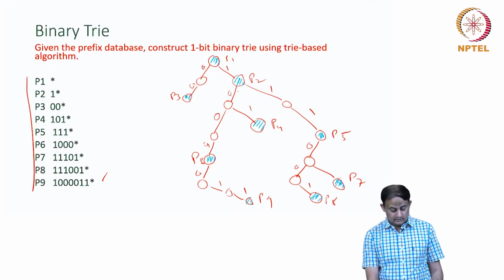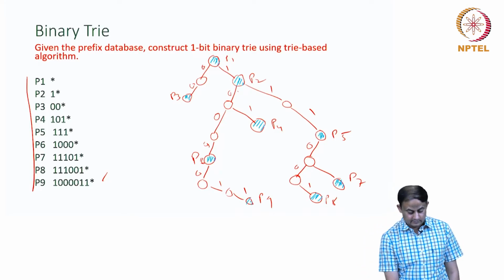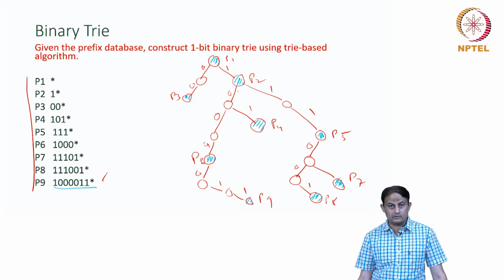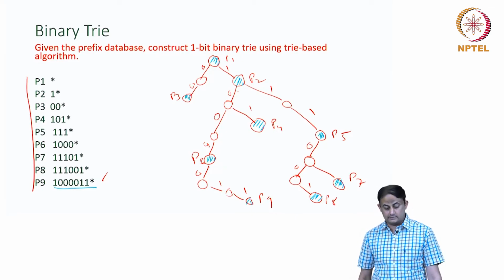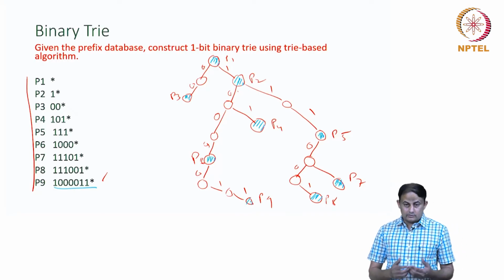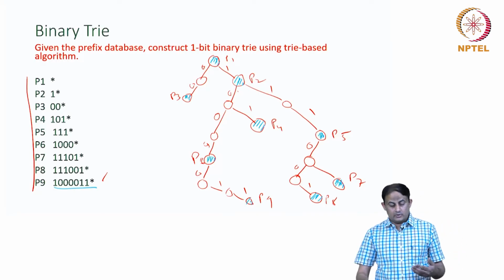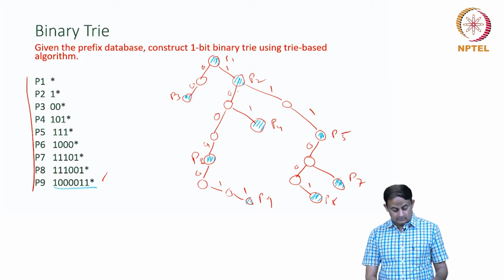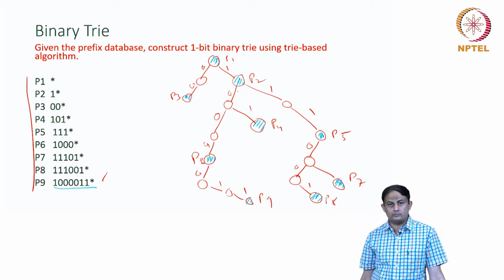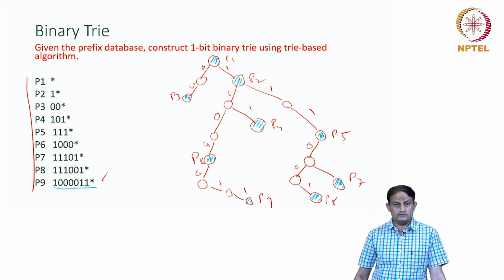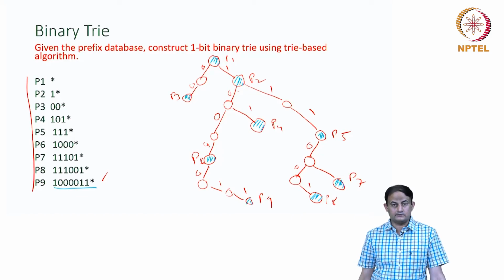Here P9 has 1 followed by 4 times 0 followed by 1, which corresponds to the longest prefix in this trie structure. So you require that many pointer accesses in this trie to find out the next hop router when you make routing decisions.